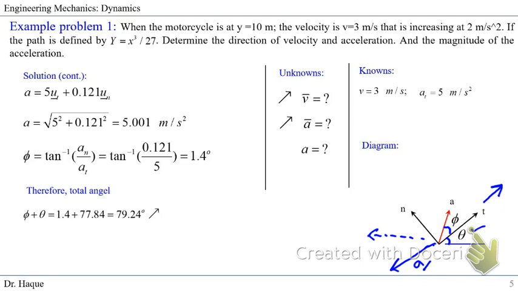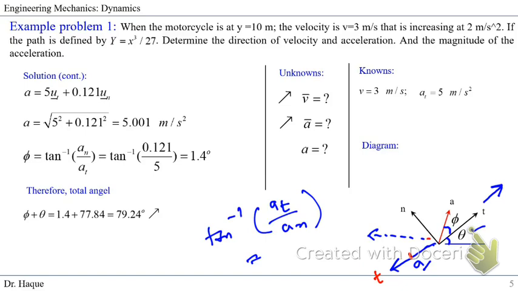we can take tan inverse of a_t, the tangential component, over the normal component. So my tangential component is in the t direction, right? So that's our y component, so this will be this part, and the normal component in dx in the denominator.